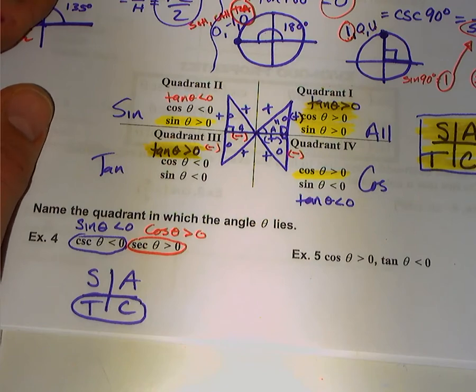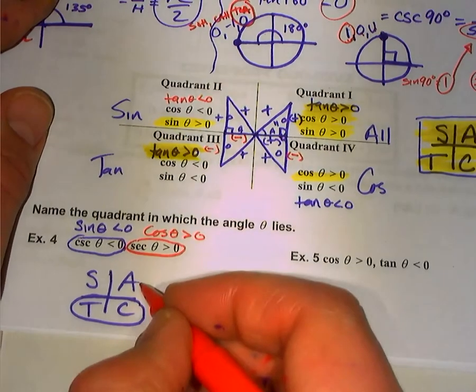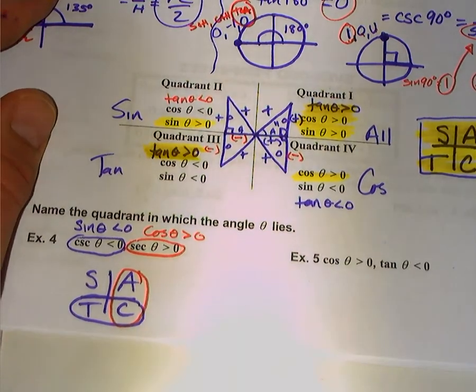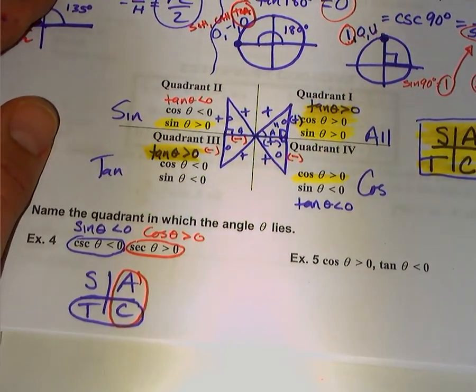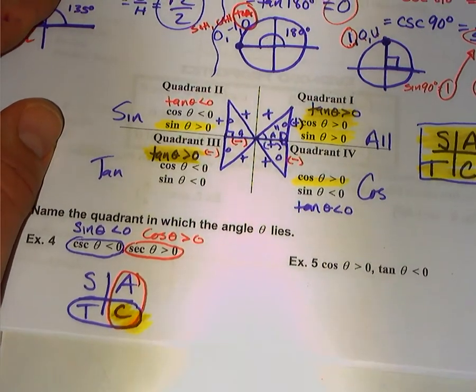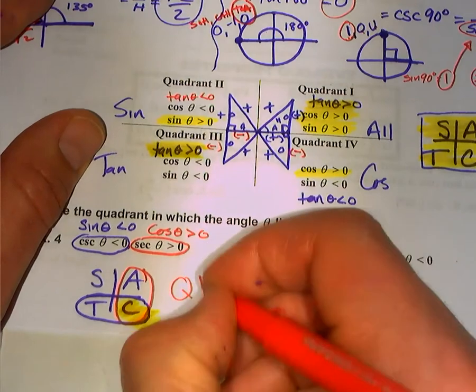Where is the adjacent leg positive? On the left side or on the right side? 1 and 4. They're all positive in 1, and cosine is the only one positive in 4, so 1 and 4. Now my answer is where the overlap happens. The overlap is right there in quadrant number 4.